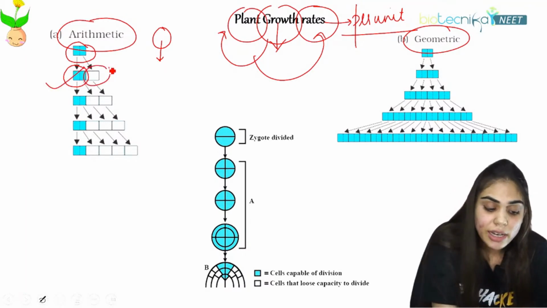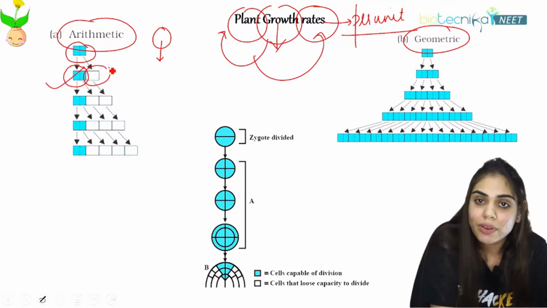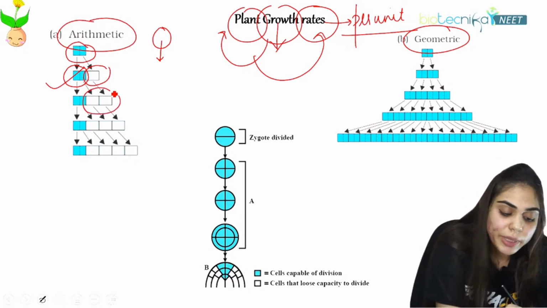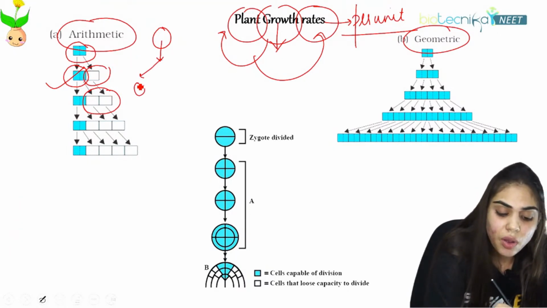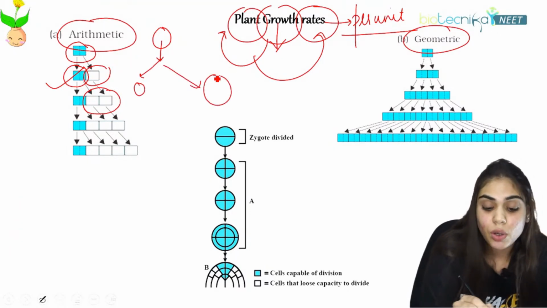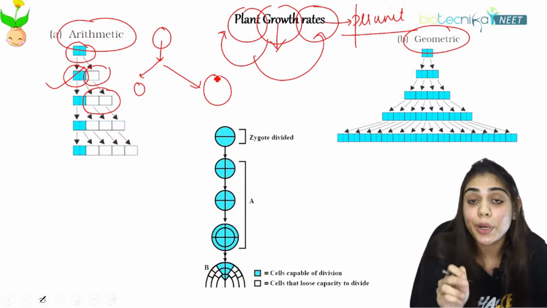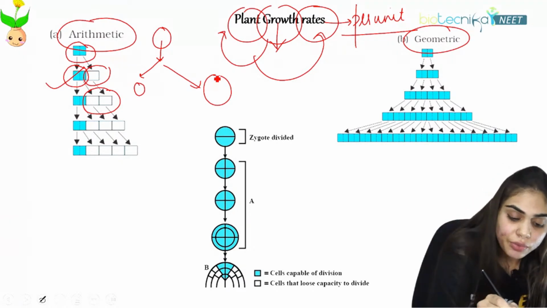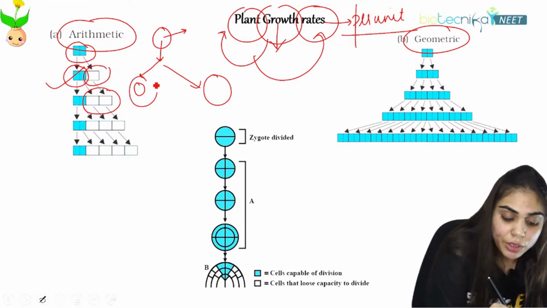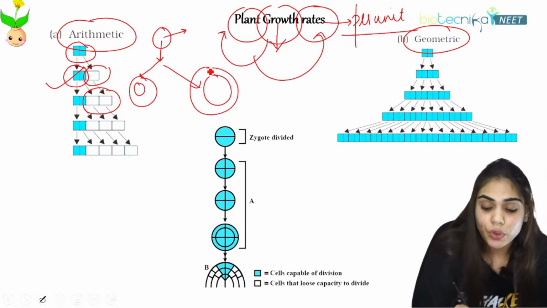Now this daughter cell will retain the ability to divide and will continue doing so. Now what is the significance of forming this differentiated cell? Every time a daughter cell is formed, a differentiated cell is also formed that will have a particular and defined function in the plant body. So the cell that is dividing is forming daughter cells as well as a differentiated cell.